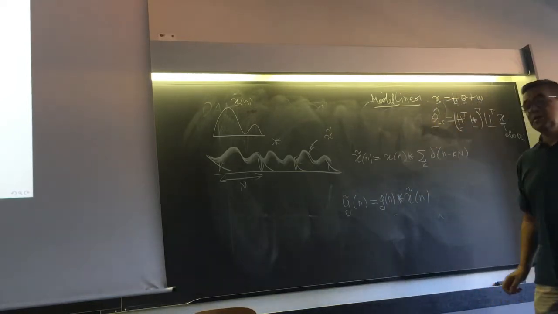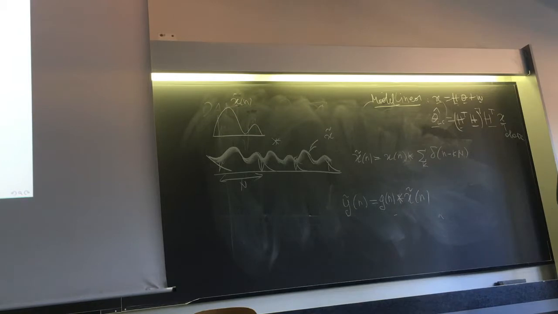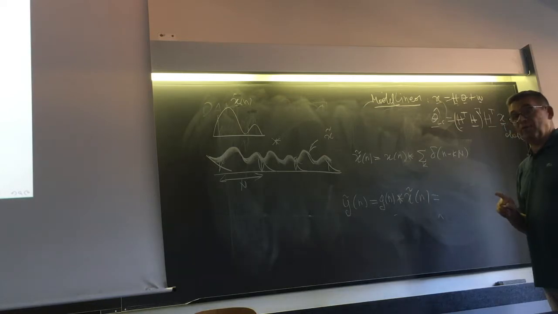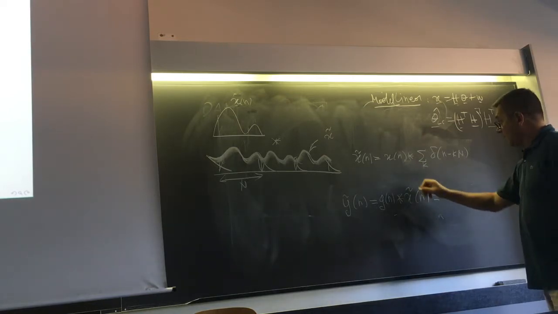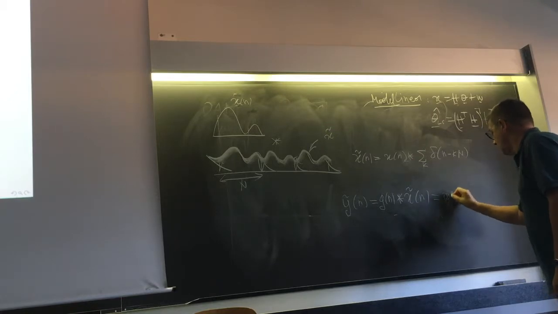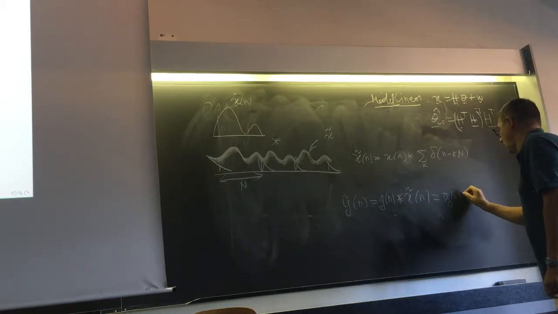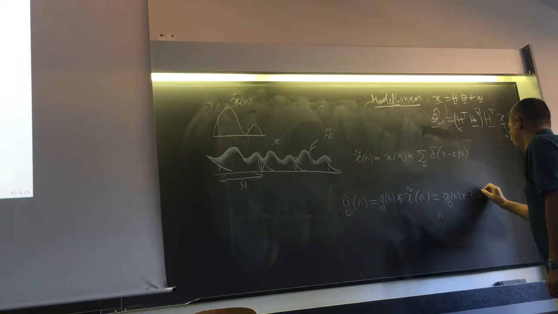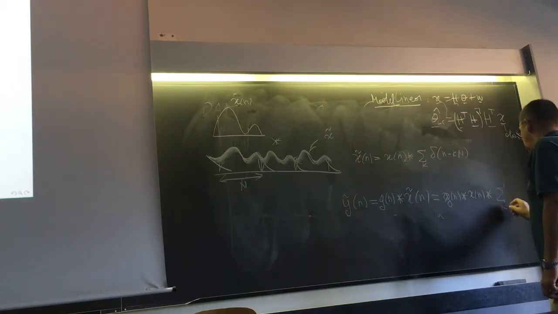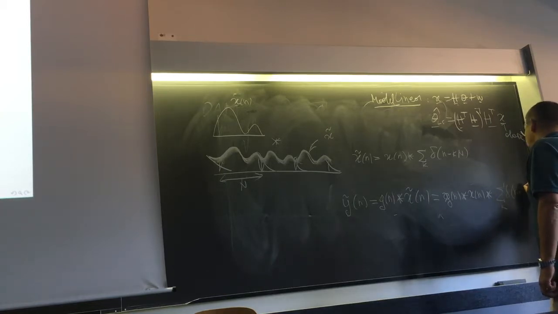This is what I want to do. I can use the property of convolution, plug this in, and have Gn convolved with xn, convolved with the repeater, the one that repeats the signal.